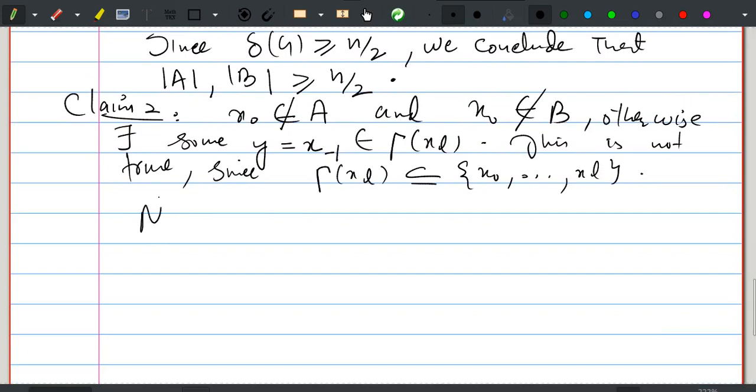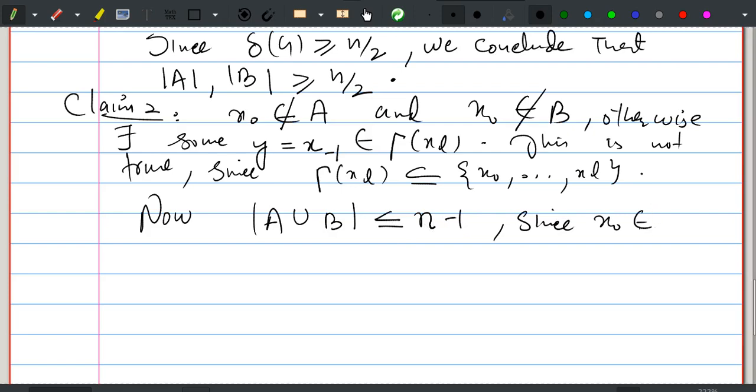Now the size of A union B is less or equal to n minus 1, since x naught does not belong to A or B. Obviously A and B are subsets of the vertex set of G, and the size of the vertex set of G is n.